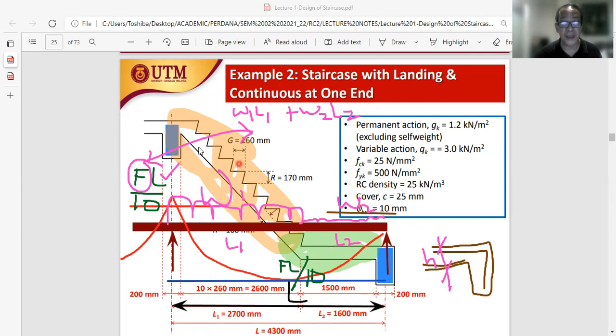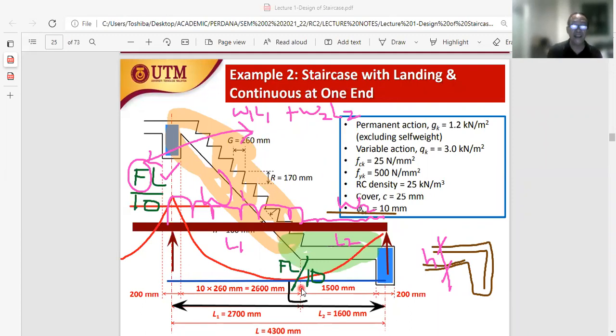Another thing to bear in mind, once we have relocated the support here, compared to example 1, now the support has been relocated at the end of the landing. We have our span here, center support to center support, and clearly the span on our example number 2 is much bigger as compared to example number 1. And the bigger the span, the effect is on the thickness of the staircase.